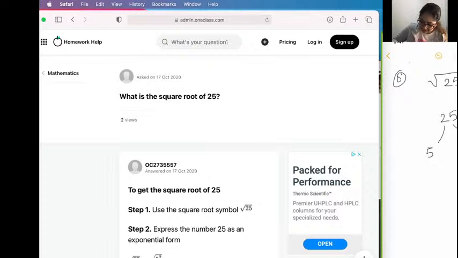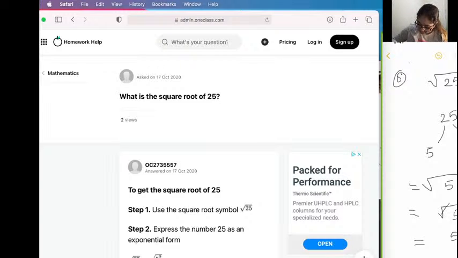So if we take this and put it under a square root, it is 5 times 5, which is equal to 5 squared, and since the inverse of square is square root, this and this get cancelled and we get 5.